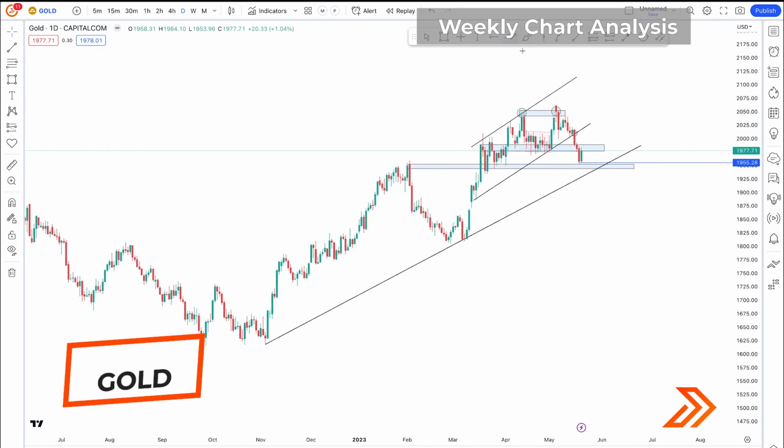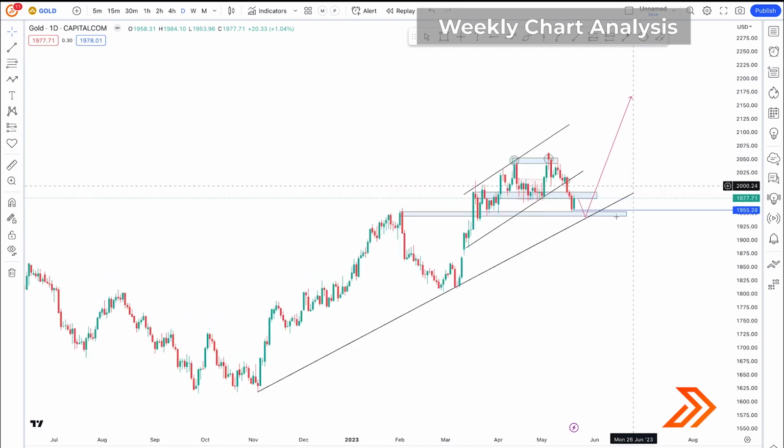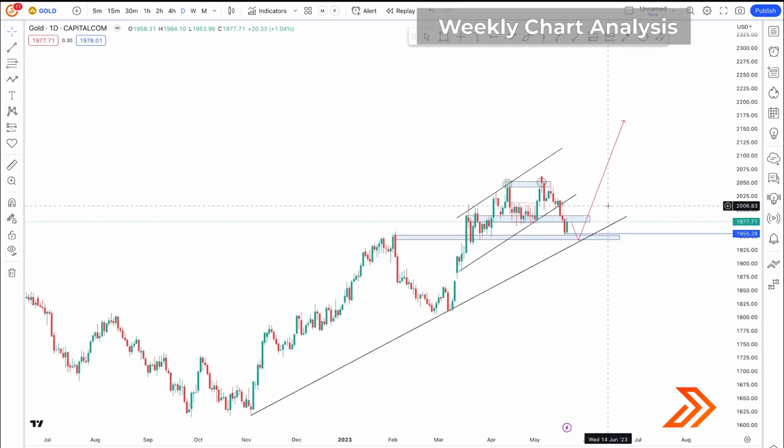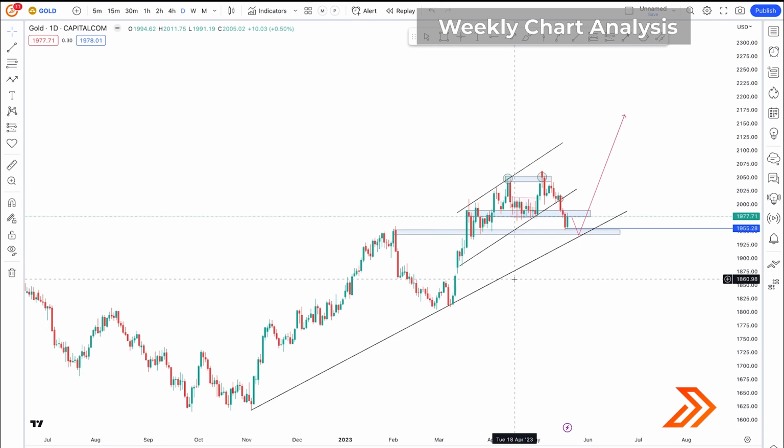So are we going to see something like this? This could be another likely scenario where price continues to go bullish on gold, because the overall trend on gold has been bullish. This is another scenario we should pay close attention to.